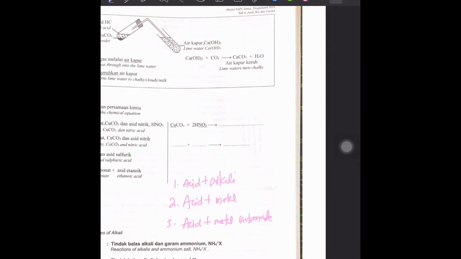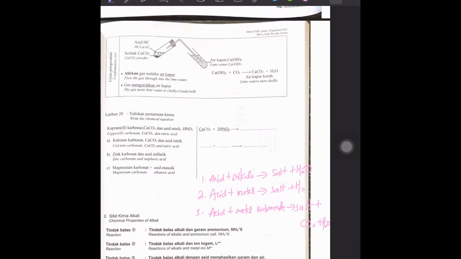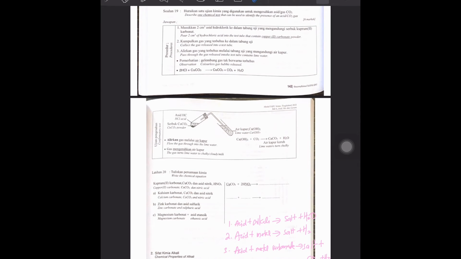So when acid and alkali, you will have salt. Ini pun you will have salt, and this one also you will have salt, kan? But for metal, hydrogen. For alkali, it's water, hasil sampingan dia. For metal carbonate, you have carbon dioxide and water. That's all. Okay, but the exercises in this module are going to help you understand more.